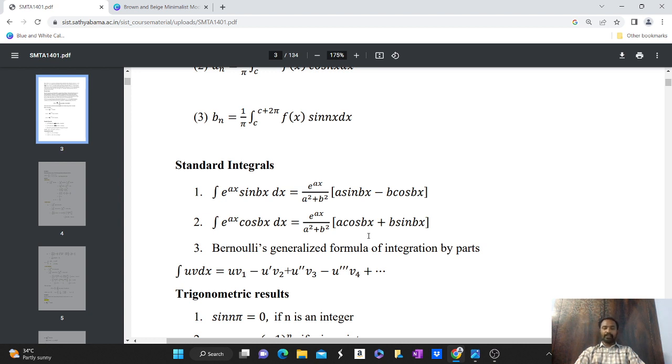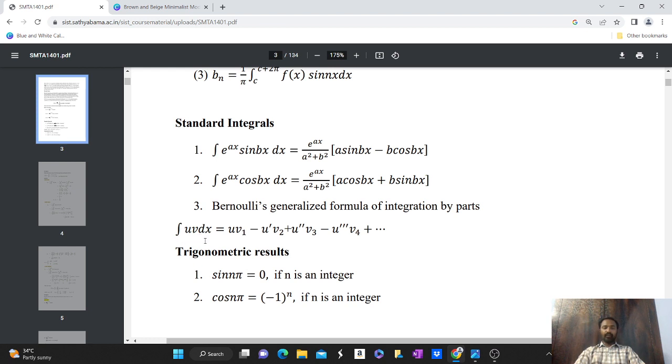And for integrals of this type we use Bernoulli's formula, integral of uv dx equals u v1 minus u dash v2 plus u double dash v3, where u is differentiated as u dash, u double dash, u triple dash, and v is integrated to give v1, v2, v3.